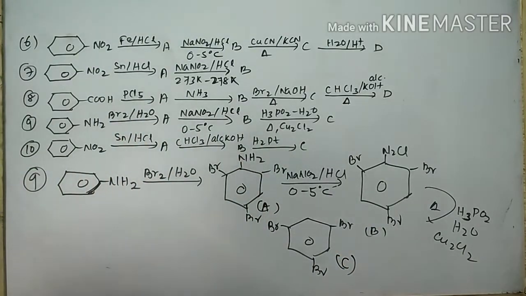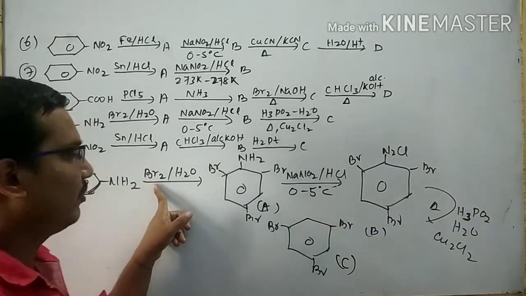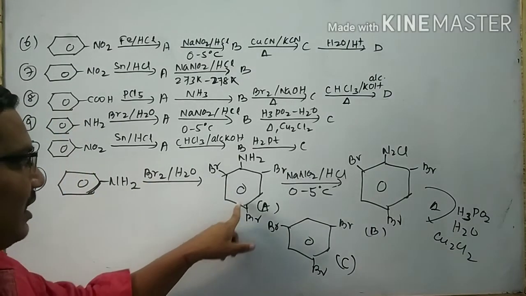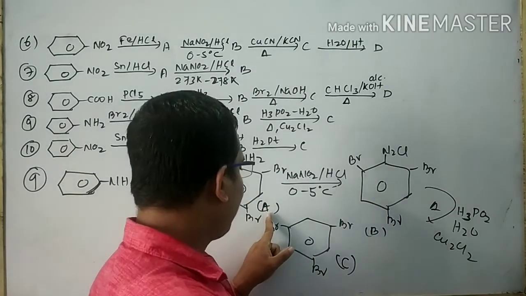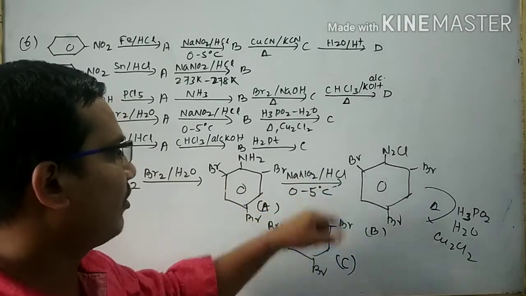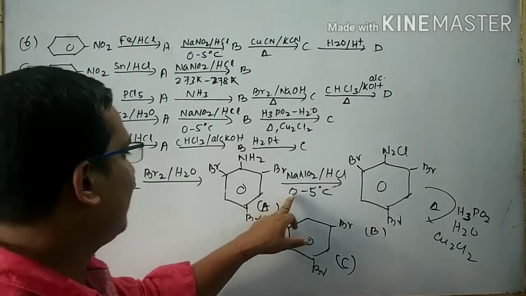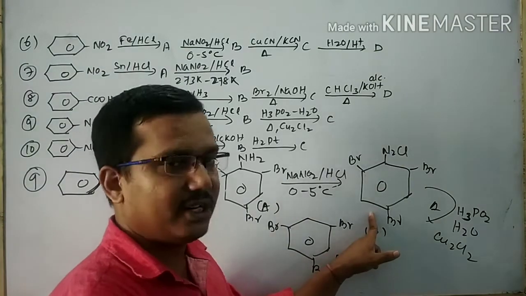Again I will repeat the answer. Aniline is subjected to reaction with the bromine water. Then 2,4,6 tribromoaniline is formed. Again the A product, that is 2,4,6 tribromoaniline, is subjected to reaction with NaNO2 in the presence of HCl at 0 to 5 degree centigrade temperature. Then the B product is formed.